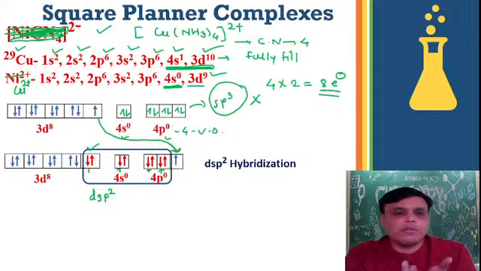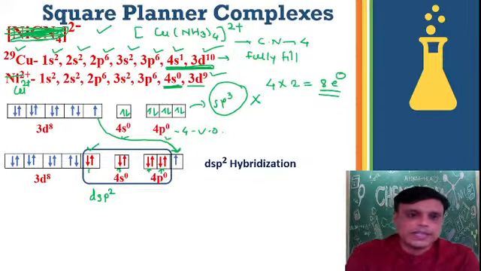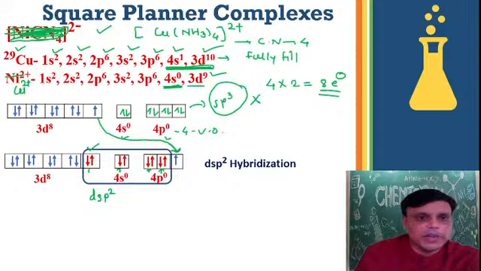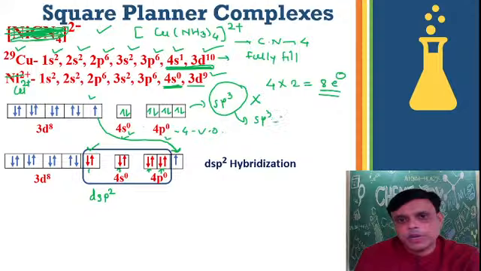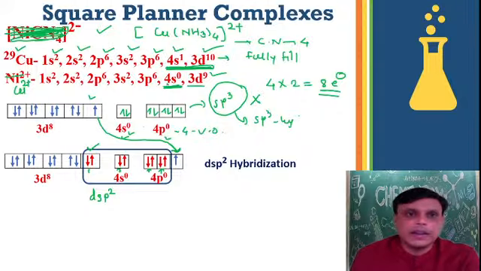So this excitation of one electron from 3d to 4p is not practically possible, and if you leave the 1 unpaired electron in the d orbital and fill the 8 electrons in the 1s and 3p orbitals, it will give sp3 hybridization. But that is not the case, because the observed geometry of this complex is square planar and not tetrahedral.